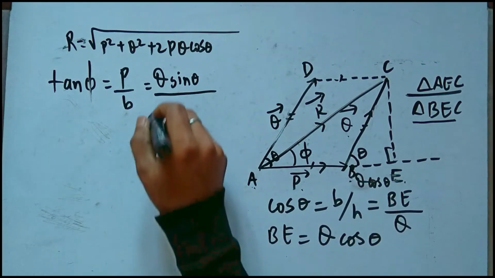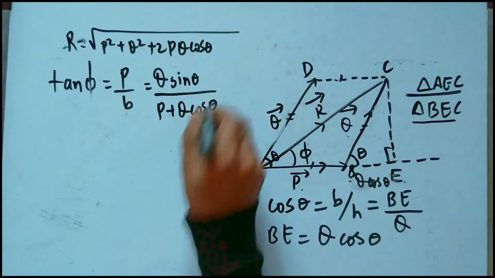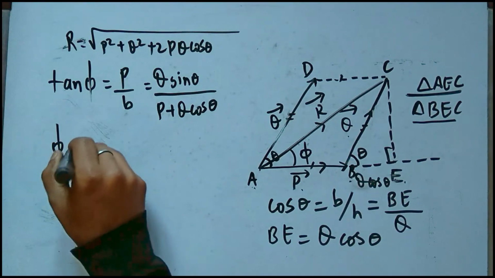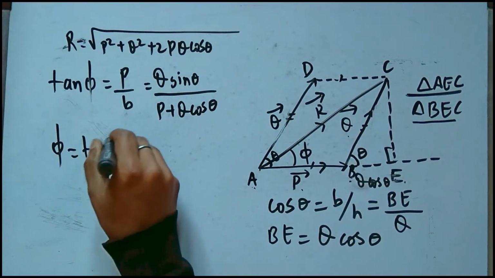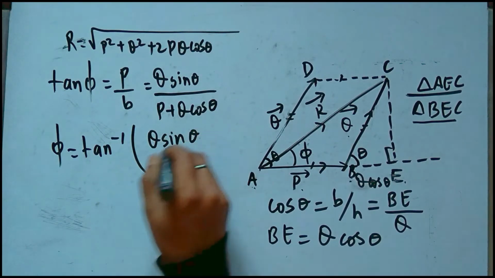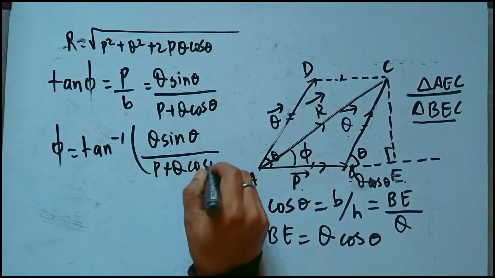So AE is again P plus Q cos theta. So phi can be written as tan inverse Q sin theta by P plus Q cos theta.